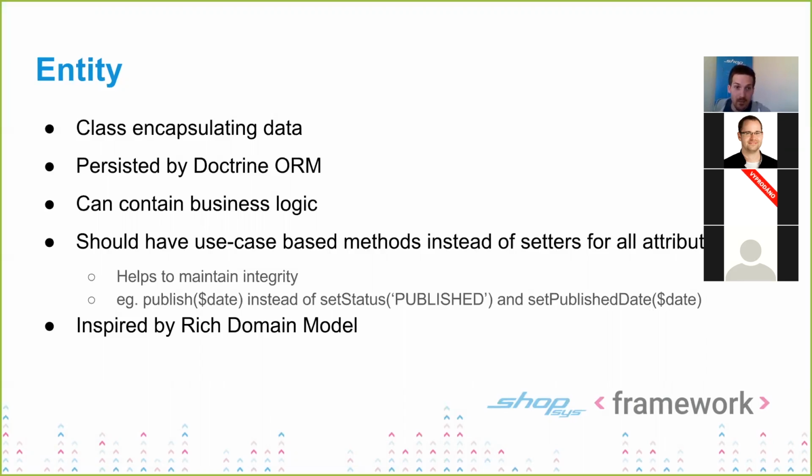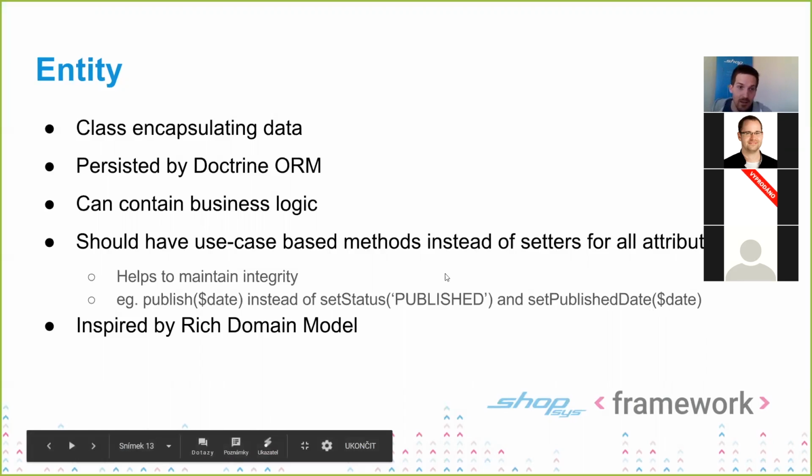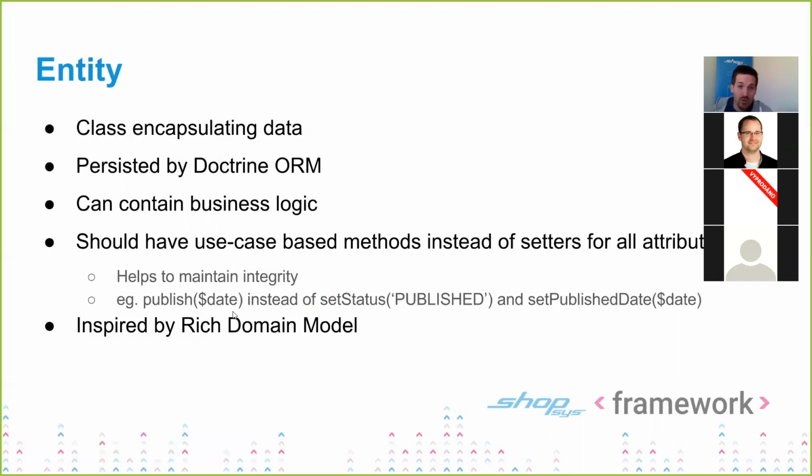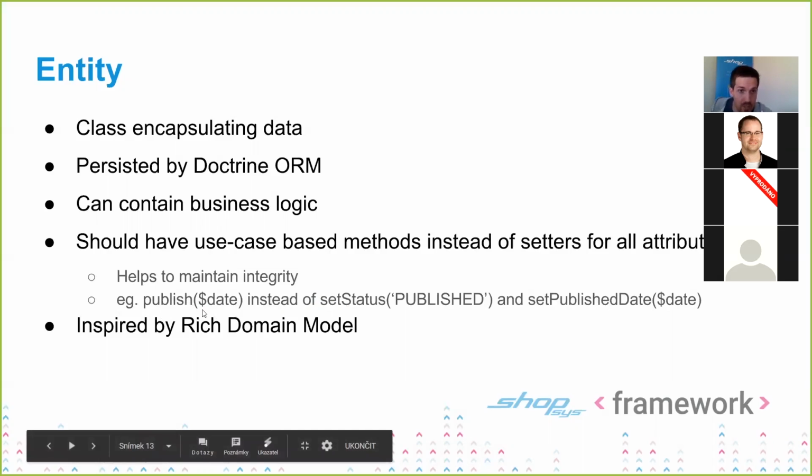You just publish the article at a certain date. So instead of calling set status and set publish date, you should always create a method that is based on the actual use case that you do. So publish a method with date.